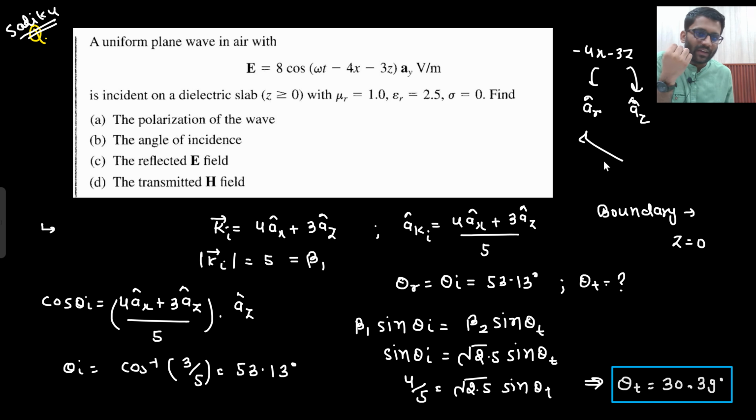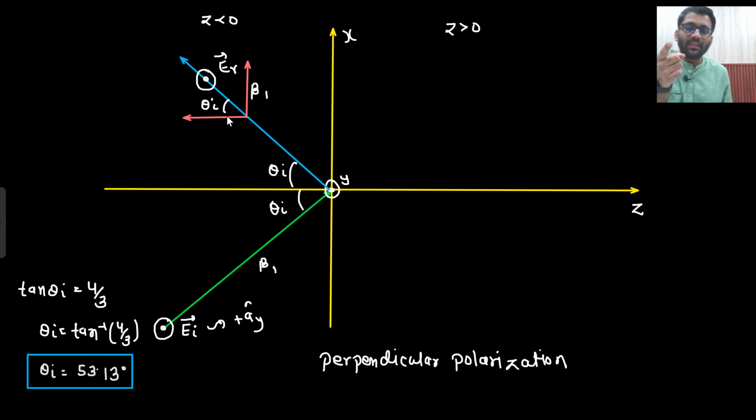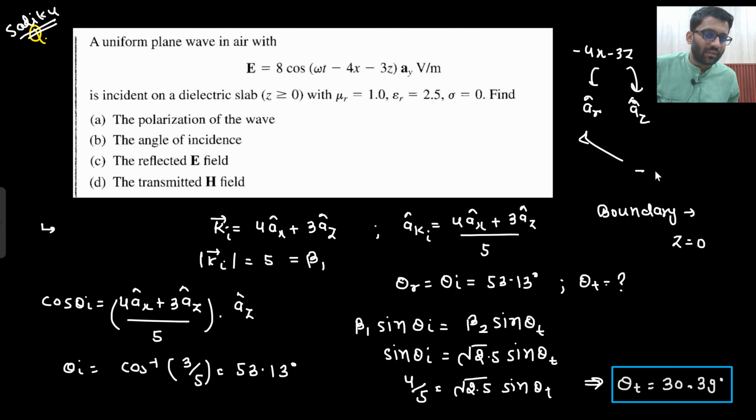But I know that my reflected wave will be like this, negative z and positive x. So my reflected wave will have negative z and positive x. The x sign will remain as it is, but this sign will change, basically from plus a_z to minus a_z. So here you need to put plus, and this minus will remain as it is.